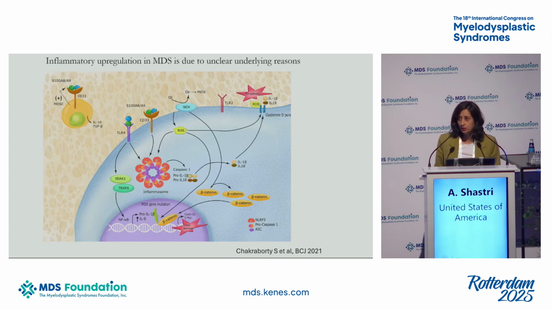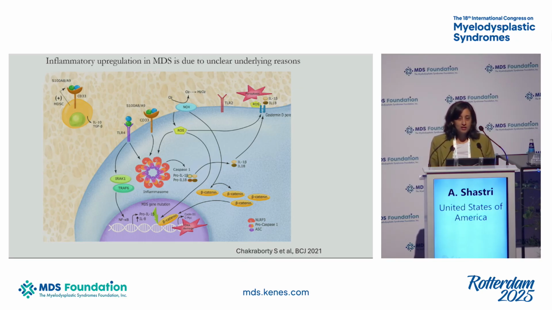And as we have actually seen in this session, inflammation is very important and greatly upregulated in MDS, and we had our wonderful speakers talk about many different aspects of this pathway.